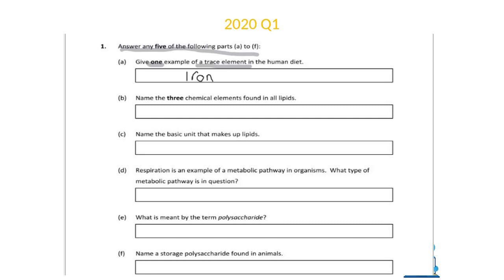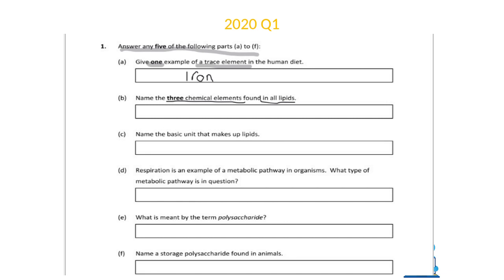The next part asks for the 3 chemical elements found in all lipids. So we're thinking about the periodic table. What 3 elements in that periodic table are found in all lipids or fats? And they're the exact same elements that are found in carbohydrates.